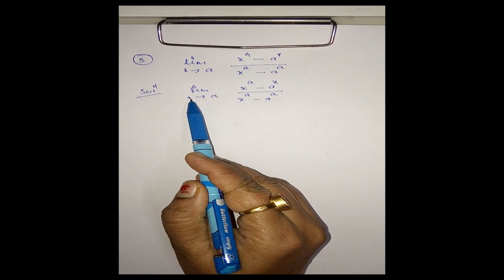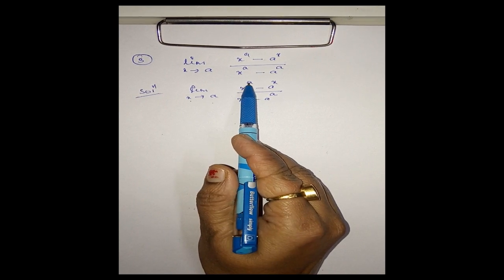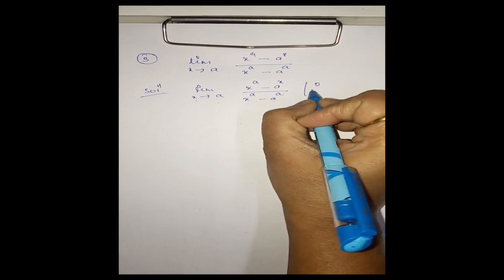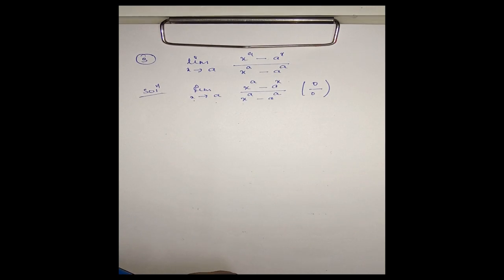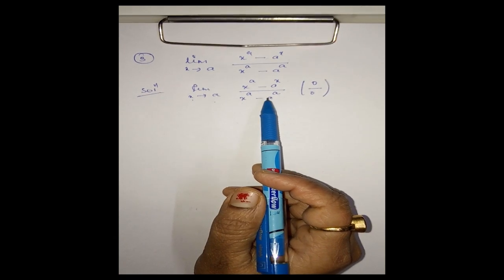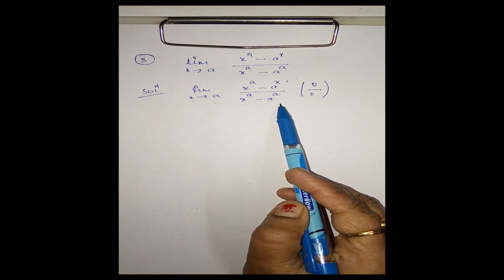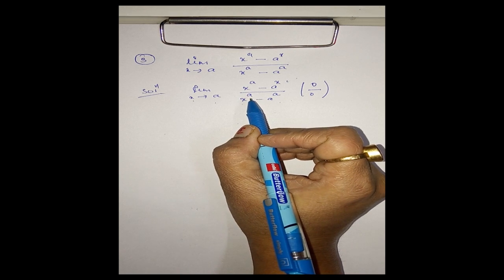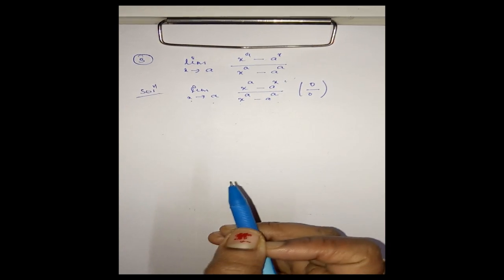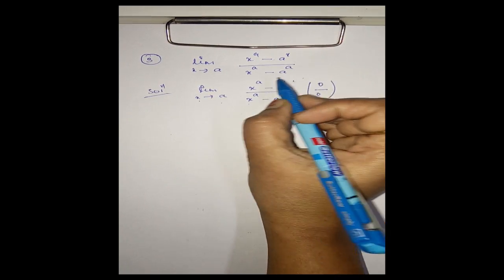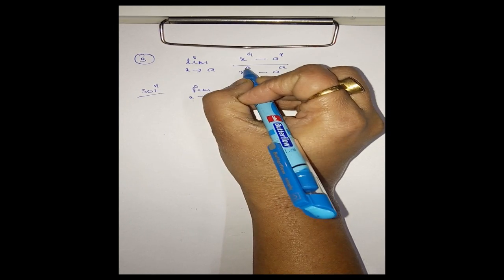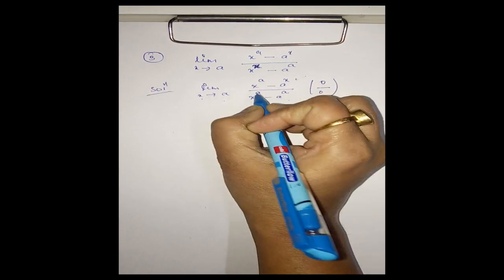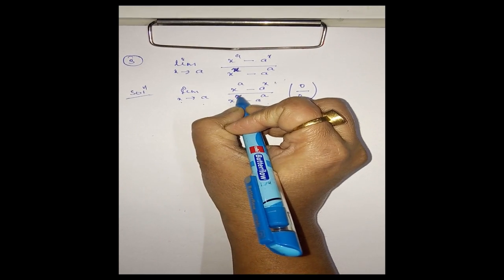On taking limit as x tends to a, this is a power a minus a power a, 0, and a power a minus a power a. Again we are having 0 by 0 indeterminate form. Now for applying L'Hopital rule, we have to differentiate numerator and denominator separately. Sorry, this is x power x, not x power a, and this is also x power x.